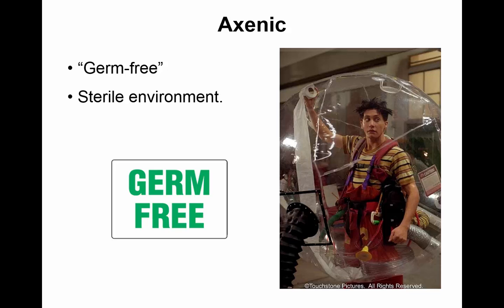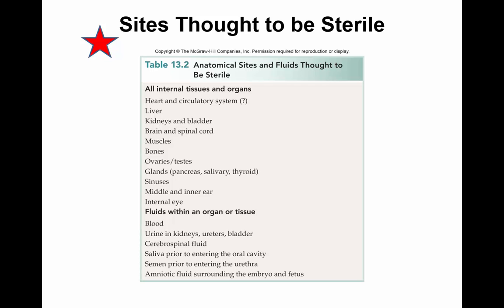Now, a term that we'll use to designate a sterile or germ-free environment is an axenic environment. These are places in the body that should be sterile normally, not to say they can't get microbes and cause problems, but your heart and your circulatory system should be sterile.